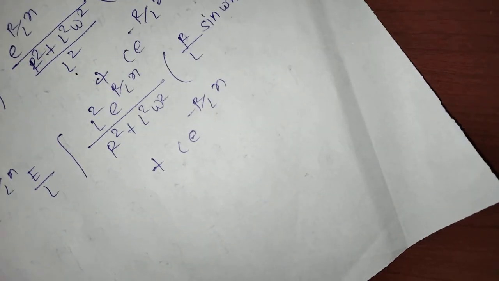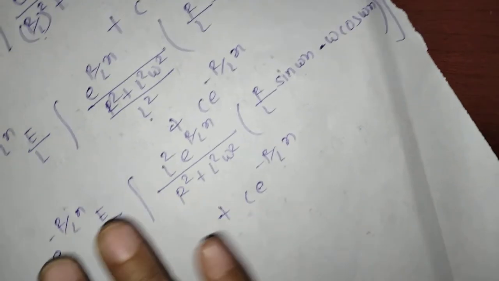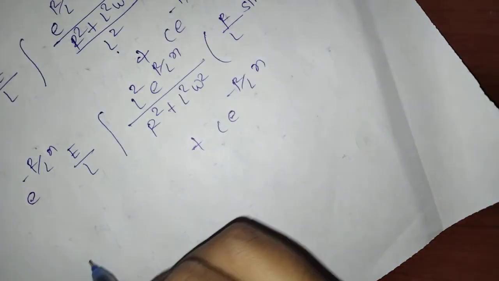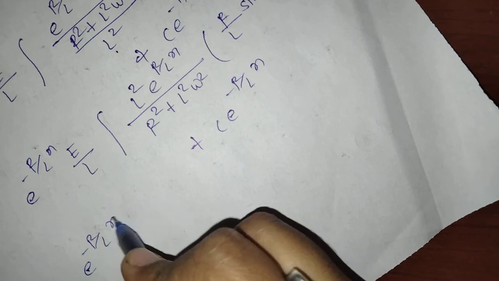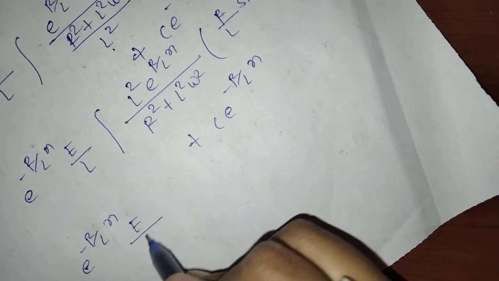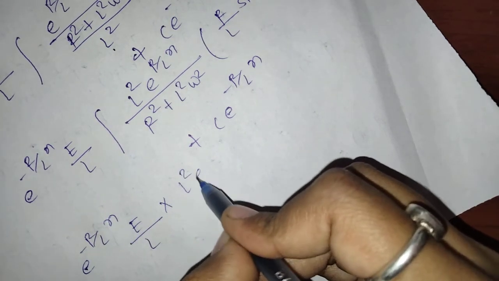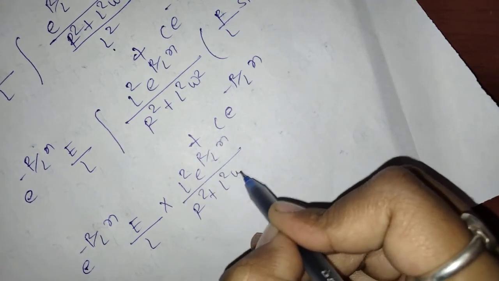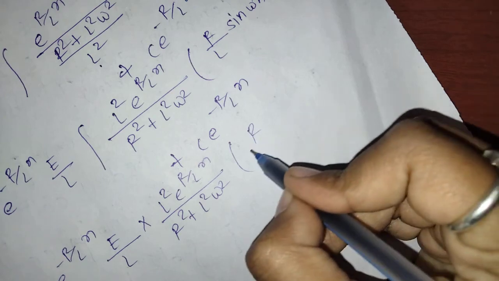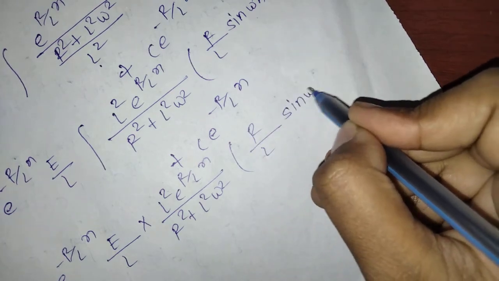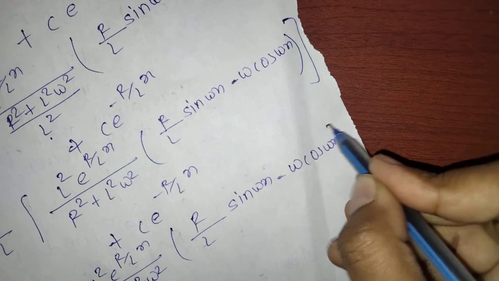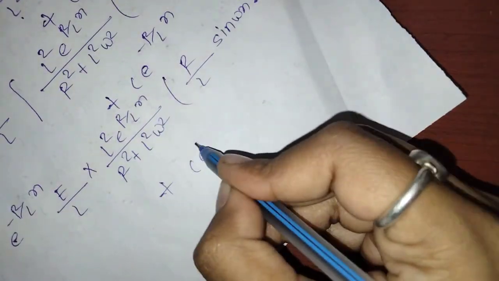Now multiply this into this bracket, we get e raised to minus (r/L)x, E upon L into L square e raised to (r/L)x upon r square plus L square w square into (r/L) sin wx minus w cos wx plus c into e raised to minus (r/L)x.